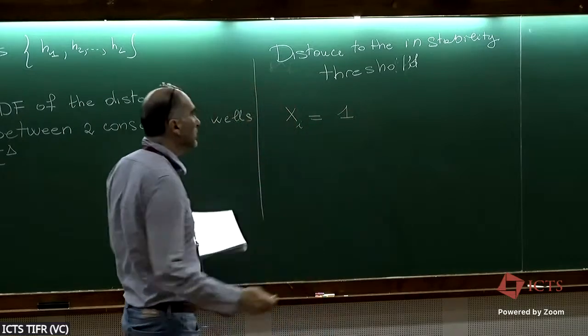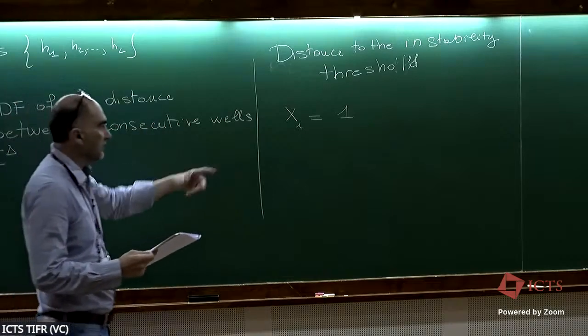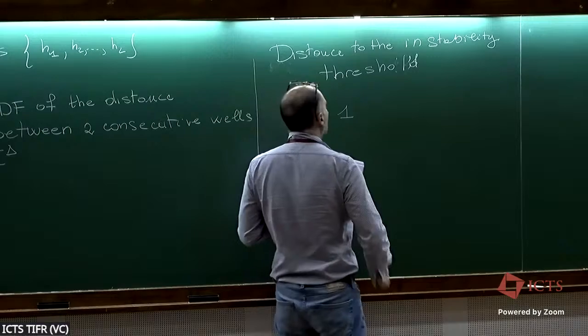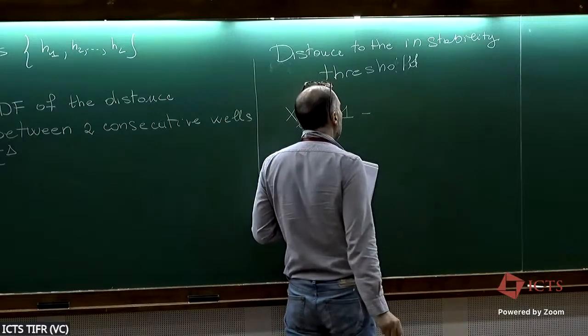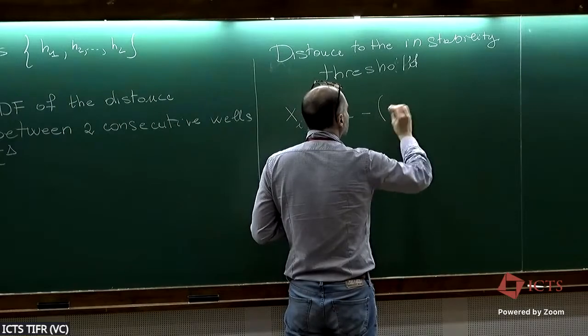We said all these patches have a threshold equal to 1, so you need the sum of the other forces to be bigger than 1 in order to make this unstable. And so xi is 1 minus the elastic forces.